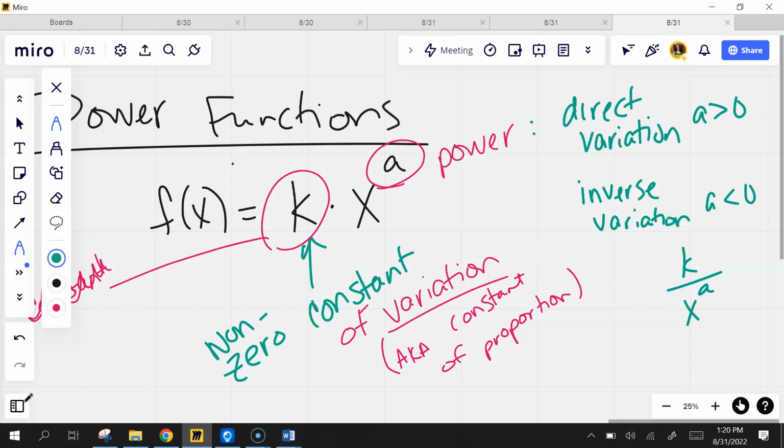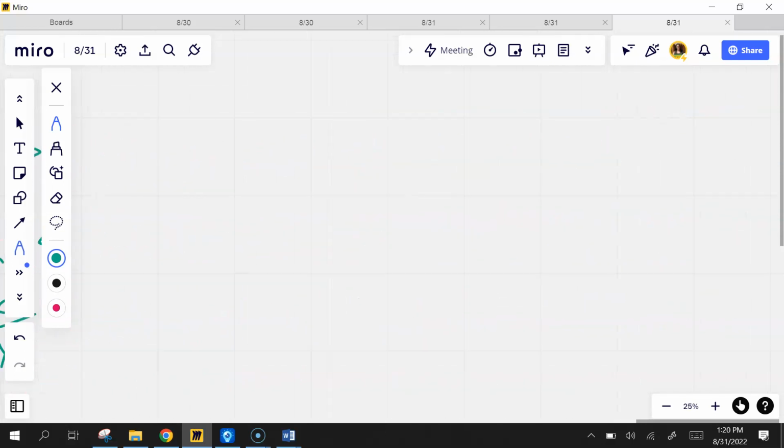So let's look at a couple examples. I'll get these straight out of your book. Is this a power function? Oh, now it is.